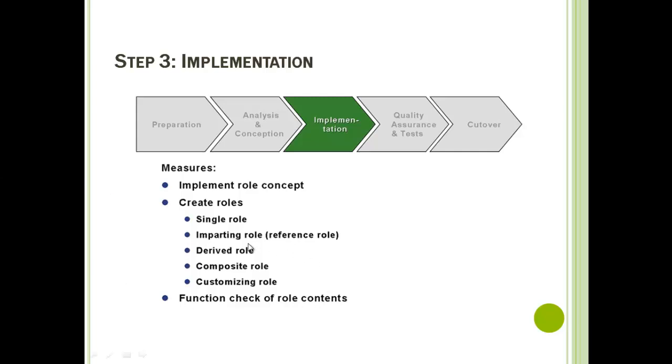From the template role you can create a derived role. This derived role will contain specific countries, then you can derive so many roles coming from this impacting or template role. That is called the derived roles. And you can create a composite role as we have seen before. We will also create some customizing roles.